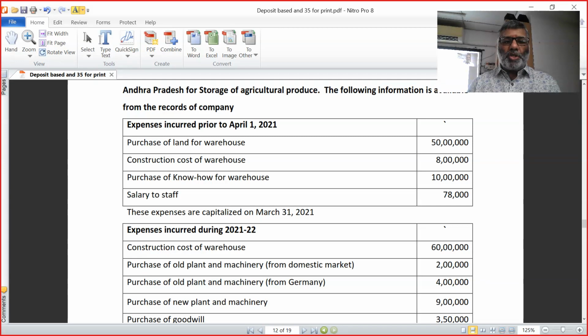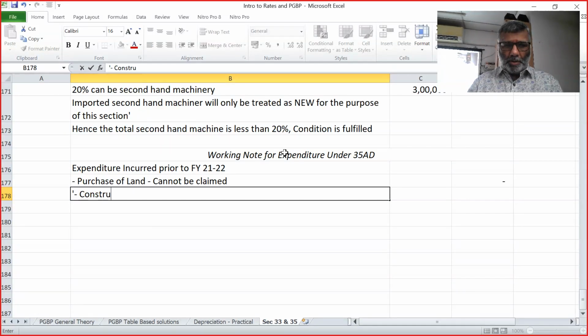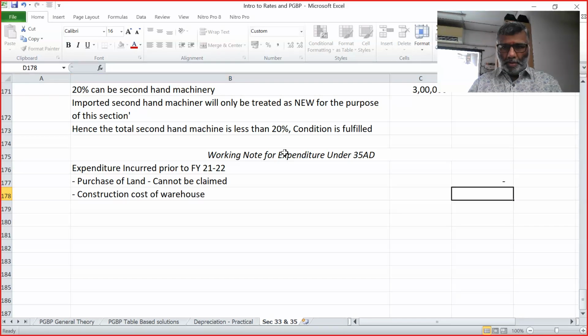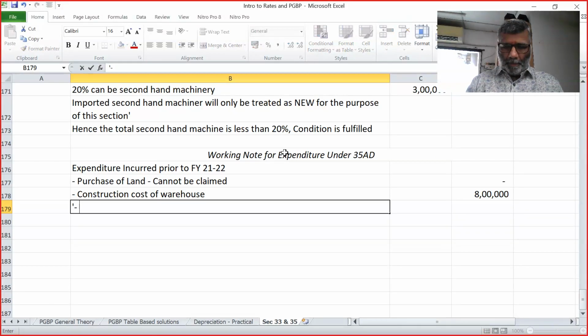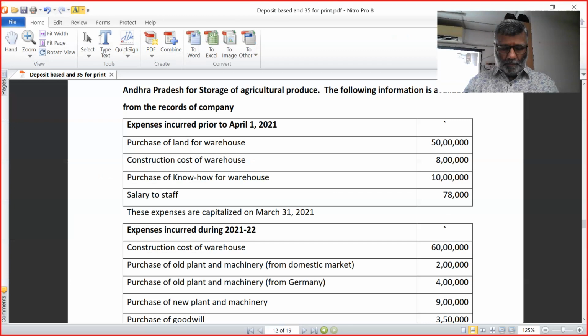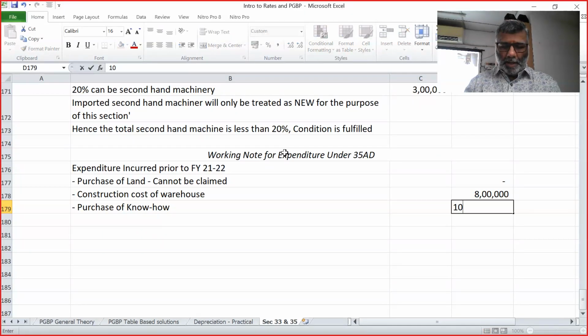Cost of construction, cost of warehouse, 8 lakhs. Know-how, 10 lakhs.